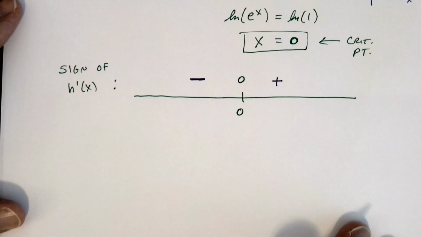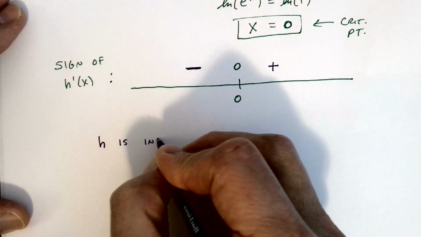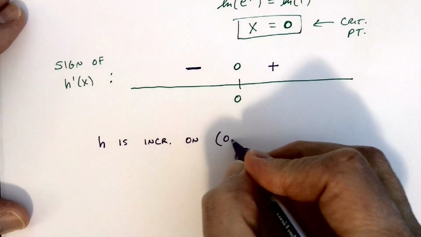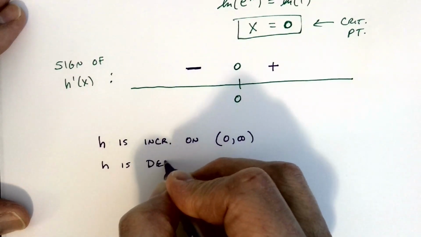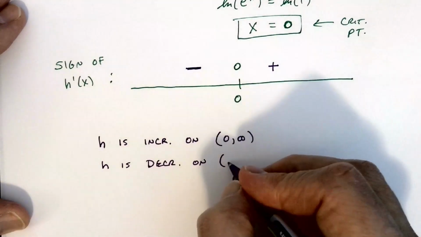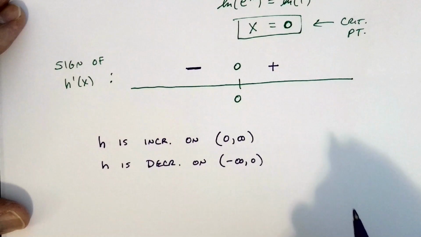All right, we're ready to answer our question. It's real easy. H is increasing on the interval where the derivative is positive, so that's everything greater than 0. H is decreasing for values less than 0, where the derivative is negative. Do we have a local maximum?